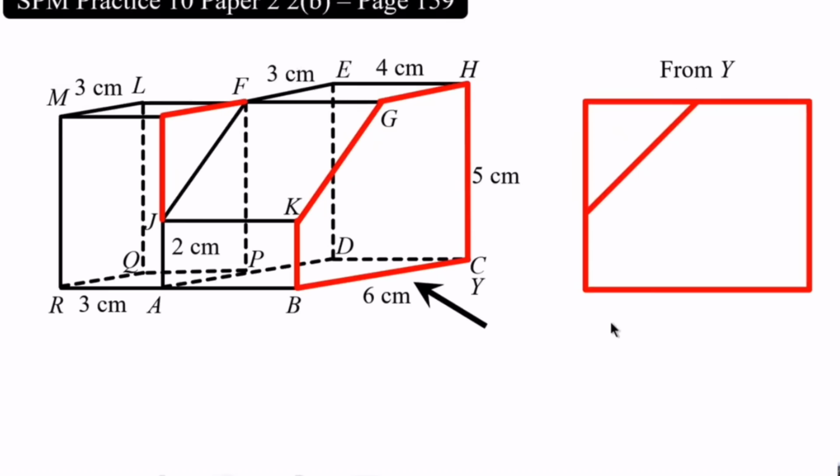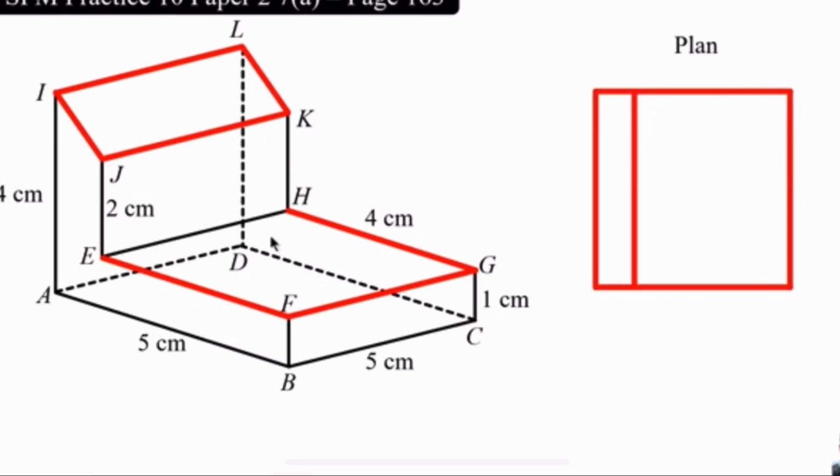So for the next one, we will do the plan. So we'll highlight the top border line, and then we will flatten it to the plane that is the same plane as ADBC or ABCD. Okay, so now we have to measure, and all the measurements must be correct.